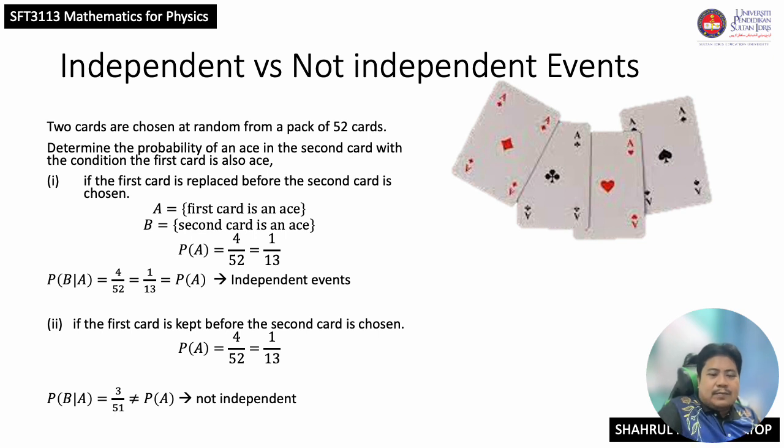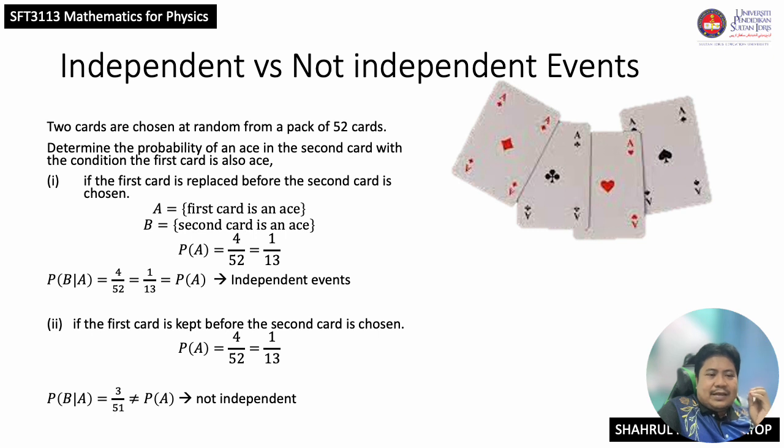The probability for the first card to be an ace is 4/52, because 4 cards are aces in a deck, so that is 1/13. Then we calculate the second card being an ace, given the first is also an ace.